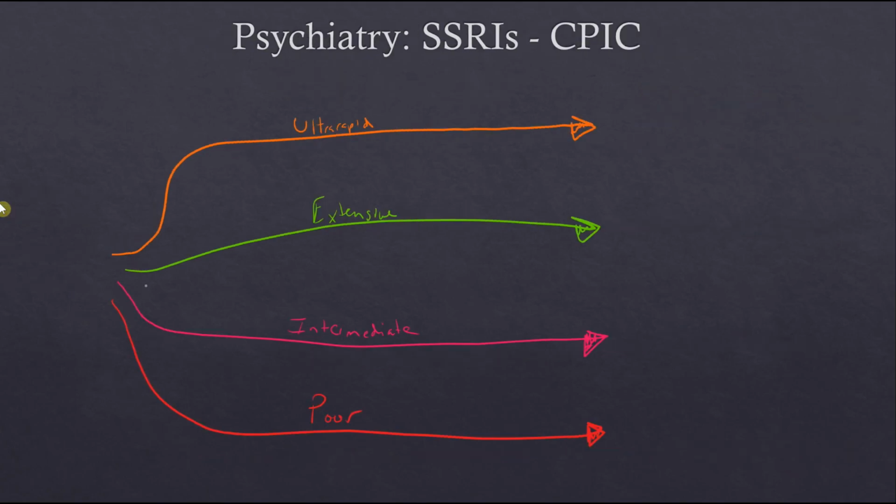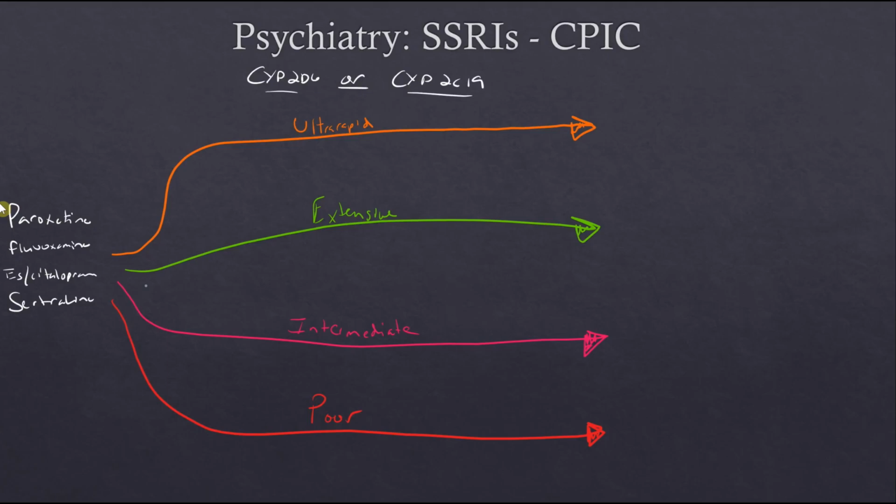Now let's take a look at what the CPIC guidelines are for these drugs based on CYP2D6 or 2C19. So let's again write those drugs out. And this will be based again on either CYP2D6 or 2C19, looking at either of these genes' specific phenotypes being ultra-rapid, extensive, intermediate, or poor.